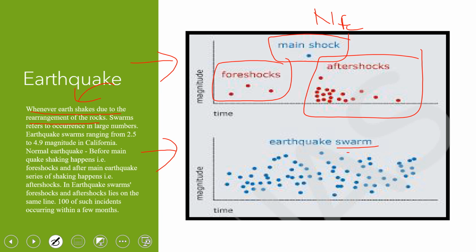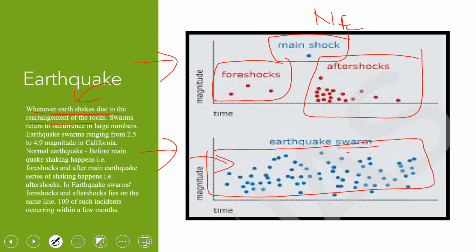But the difference between the normal earthquake and the swarm earthquake is that in a swarm, all the shakings of the earth lie in the same magnitude range. Like in California, it is between 2.5 and 4.9.